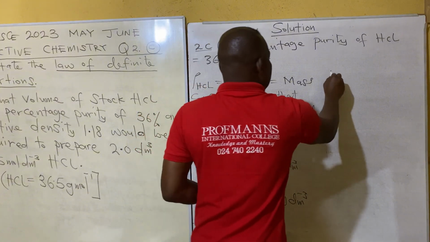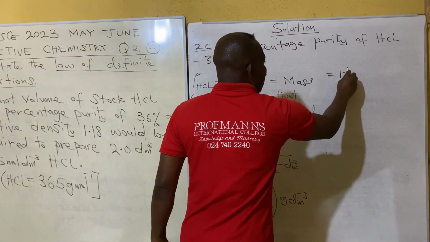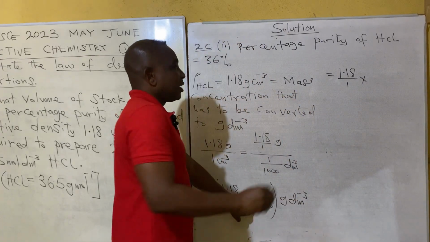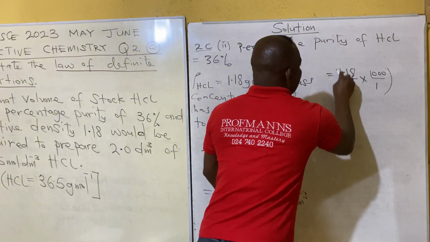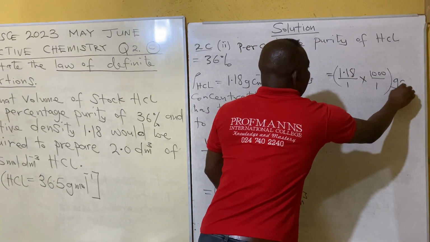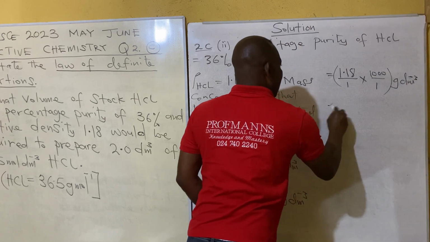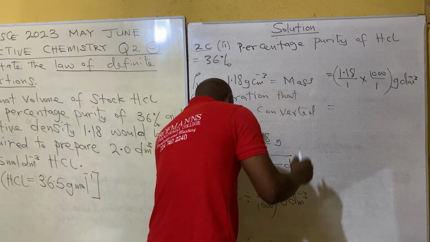Now, this is equal to 1.18 over 1 times, then we reciprocate. It's going to be 1,000 over 1 gram per dm cube. So this is equal to, we multiply the numerators.